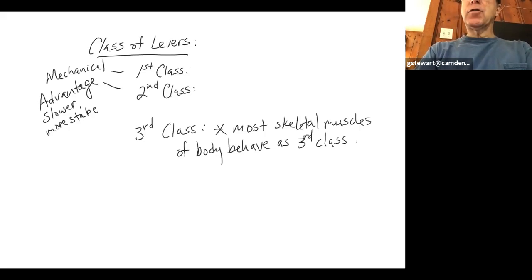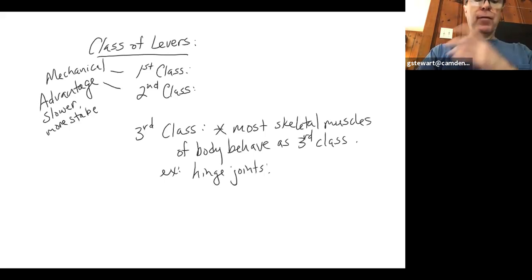Classic hinge joints are classic examples of these. Things like the knees, the elbows, even the shoulder, which is not a true hinge joint, it's a ball and socket joint.